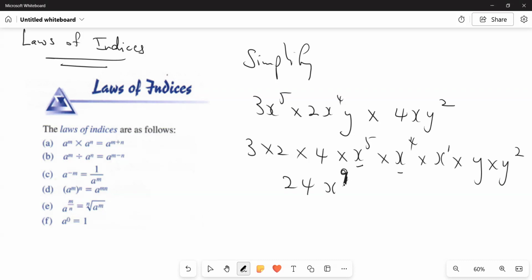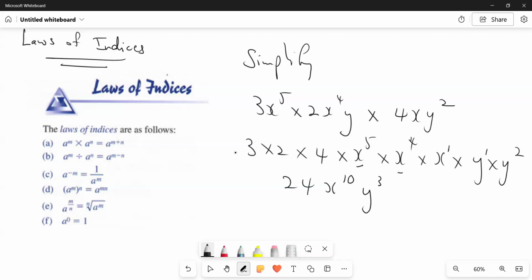So this will become 10. I didn't see that. I'm getting drowsy myself. x to the 10 power. And then y, there is a 1 here, even though we don't write it. y to the third power, we add the 2 indices.